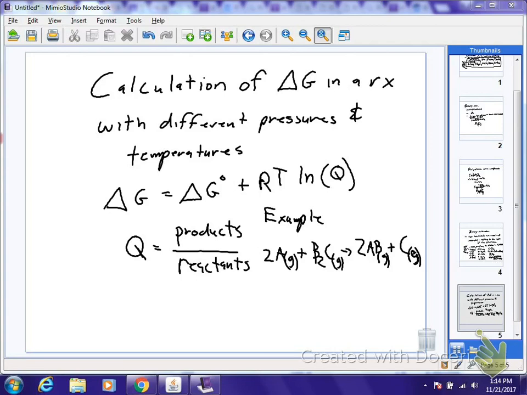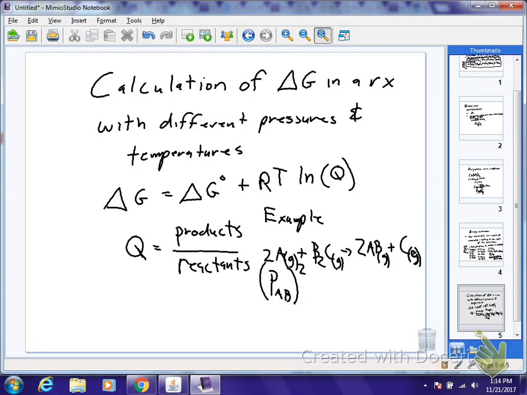So we're going to take products over reactants. Here are our products. I'm going to put the partial pressure as P. We would be given the partial pressure of AB, so that would be P of AB, squared.